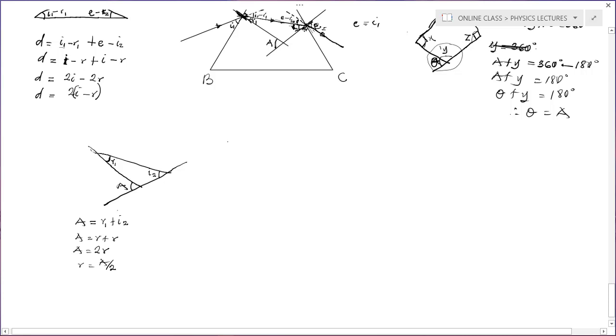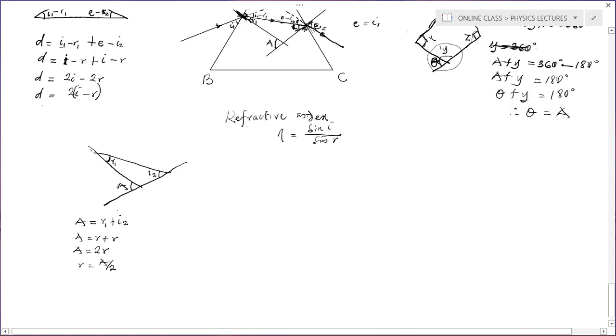Now, the refractive index is known to be what? It is known to be sine I over sine R. From here, we want to do something.